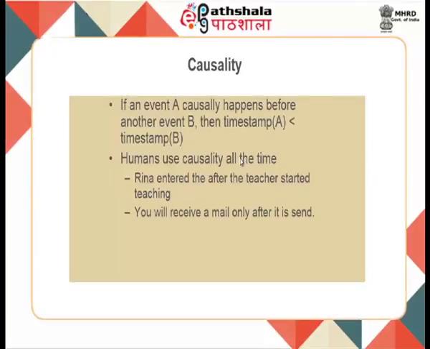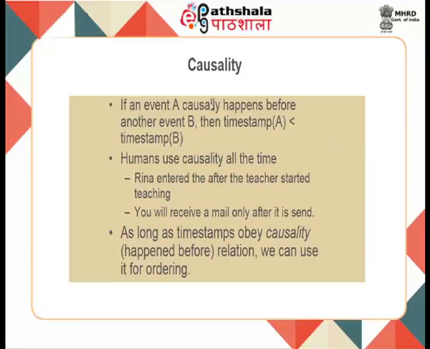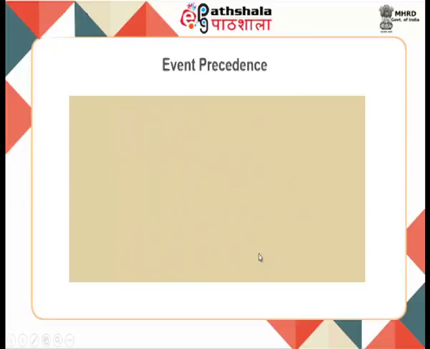Similarly, when we receive a mail, the mail should have been sent before the receive event has occurred. As long as we can find a way of timestamping which obeys causality, which is the happened-before relationship, we can use this.